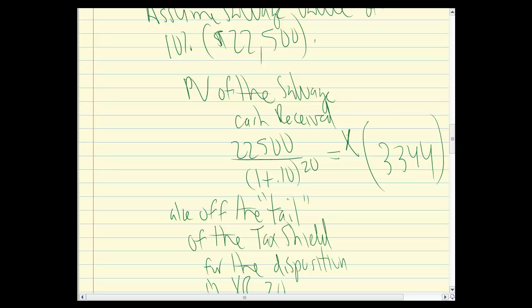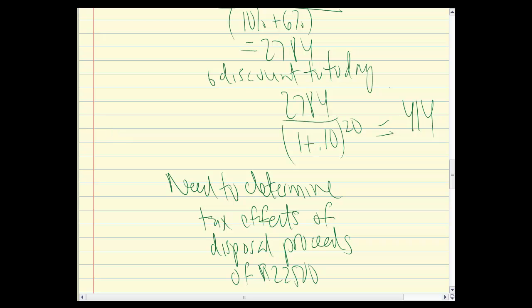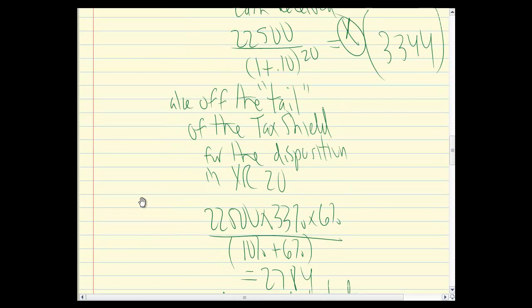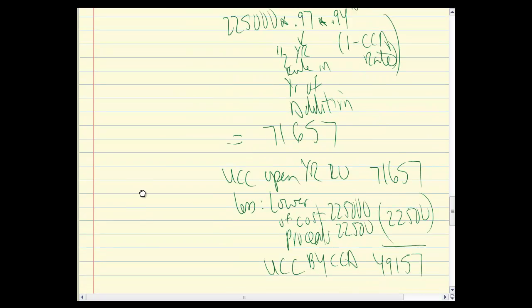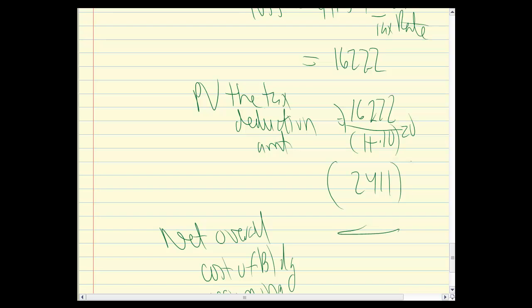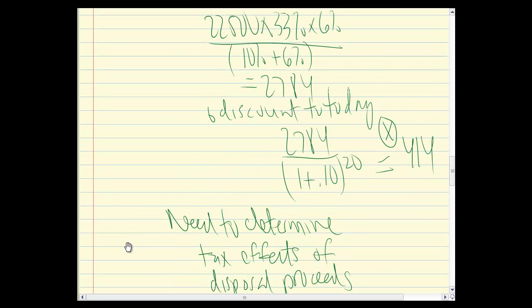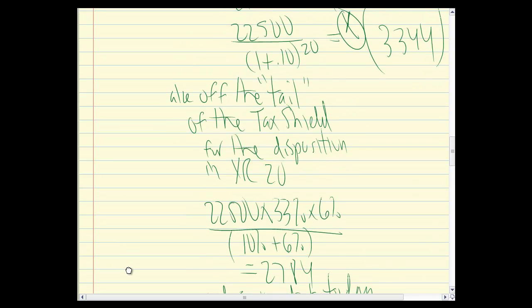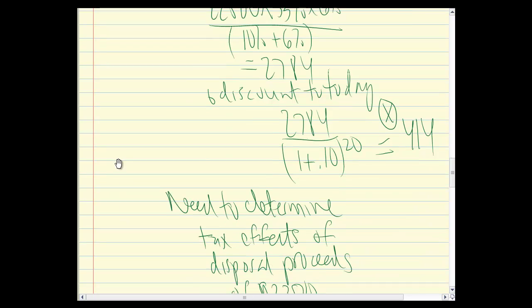The loss of the tail, the value of the tail, and lastly, the 414 was the present value of the disposal proceeds.